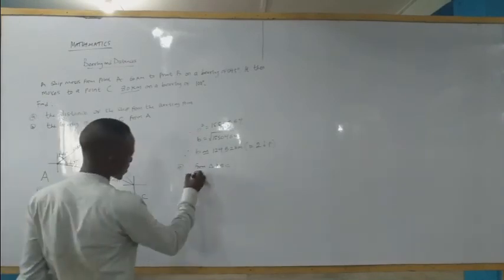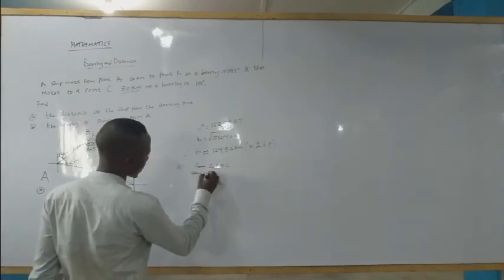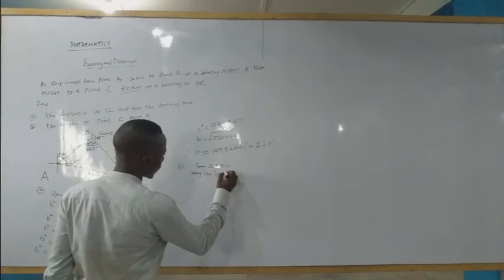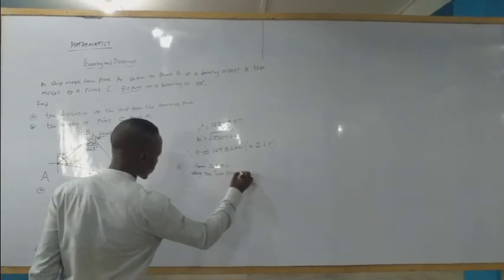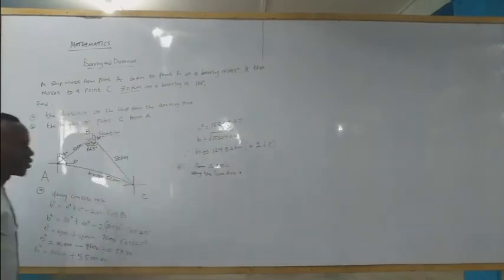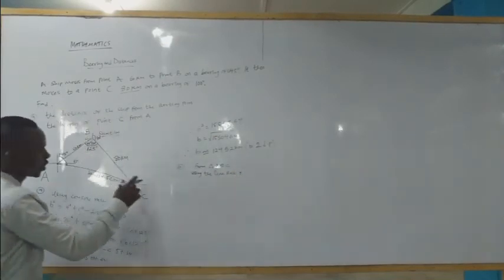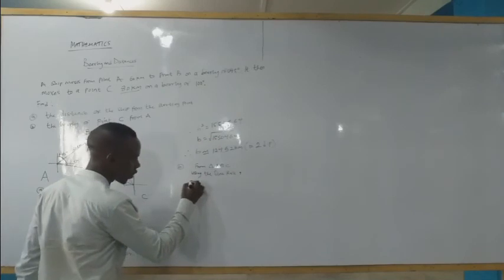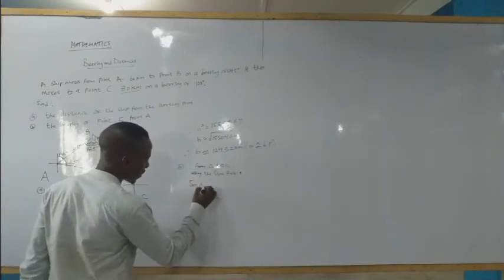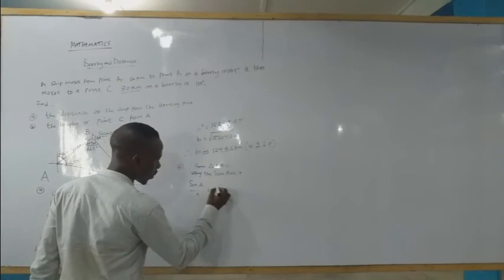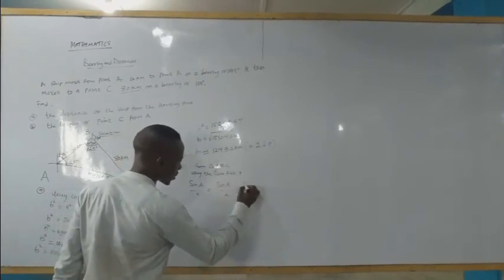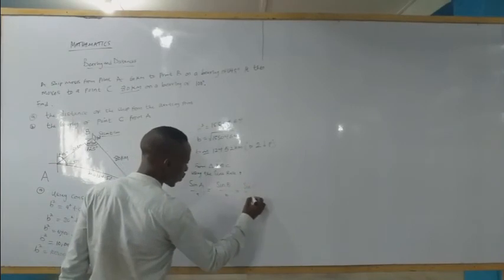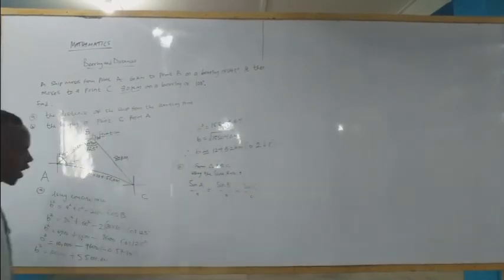The sine rule states that sine A over A equals sine B over B equals sine C over C.